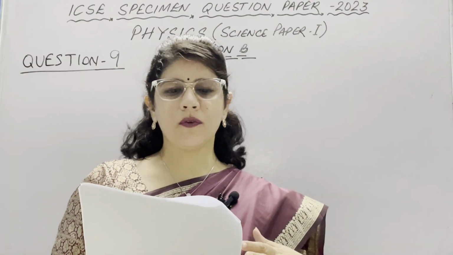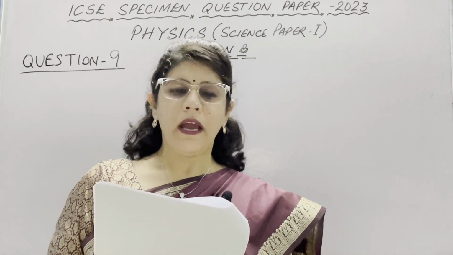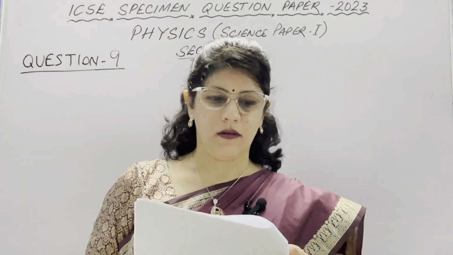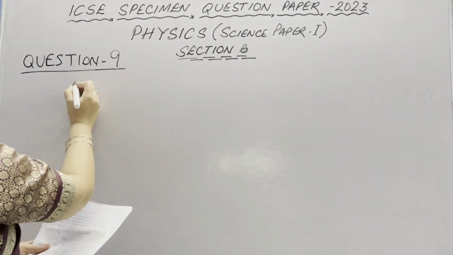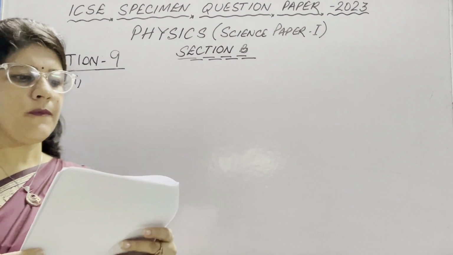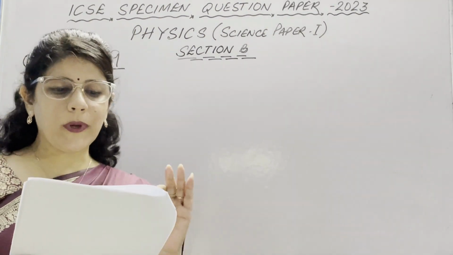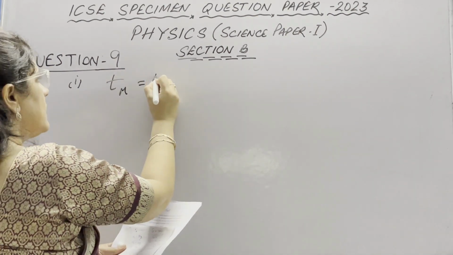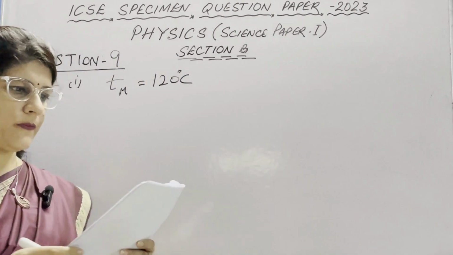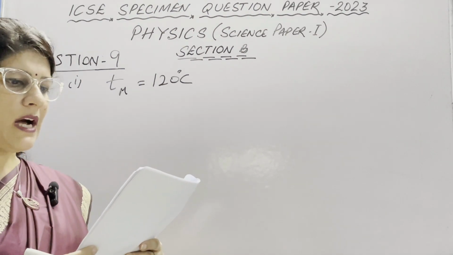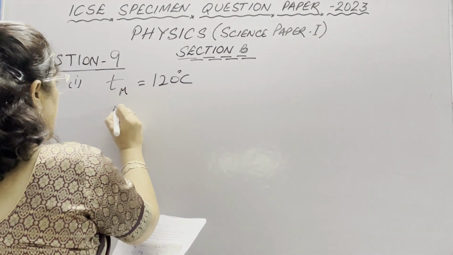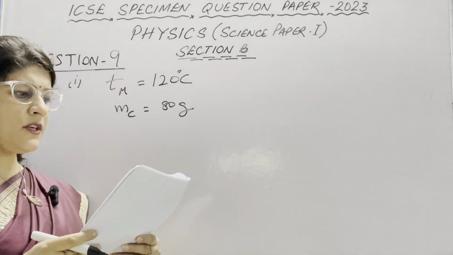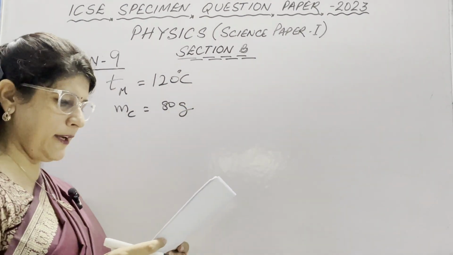Now coming to the last question of section B, which is question number 9. This question is from the chapters magnetism and heat, and the first part is from the heat chapter. Numerical: a metal piece at 120 degrees Celsius is quickly dropped into a calorimeter of mass 80 gram containing 200 gram of water at 30 degrees Celsius.